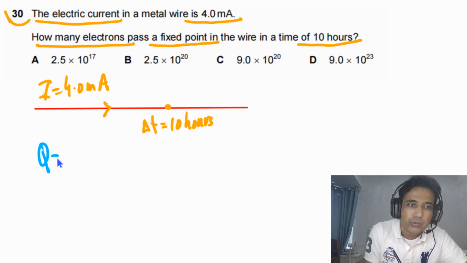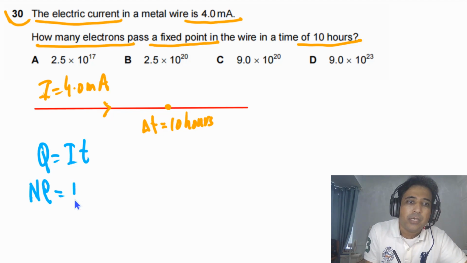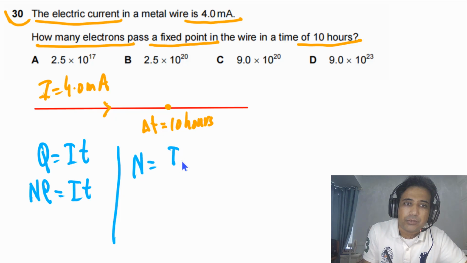So we can start with Q equal to I times T, meaning the amount of charge passing through this point, and the amount of charge will be equal to n times the charge on a single electron, and this is equal to IT. So for this question we need to calculate n, so we can write this as IT divided by e.